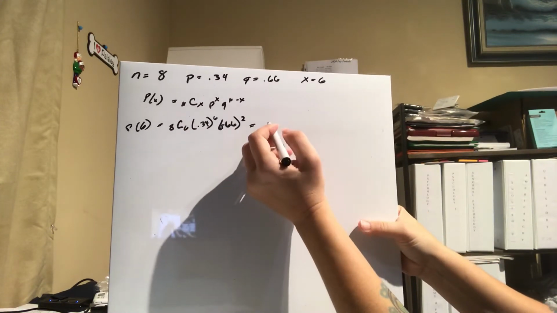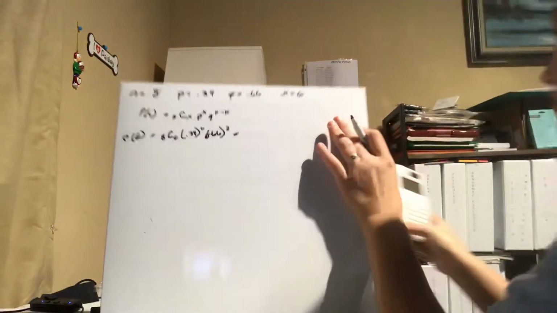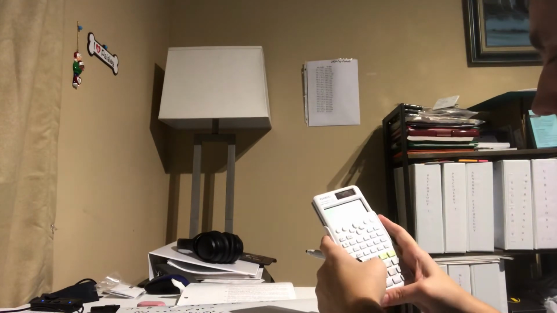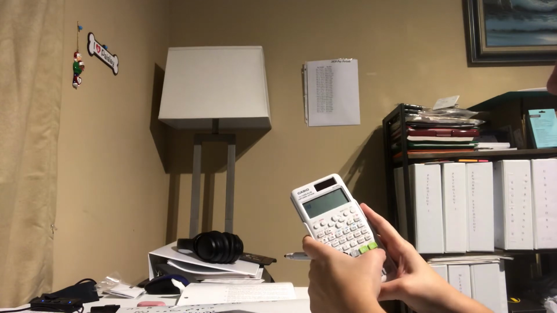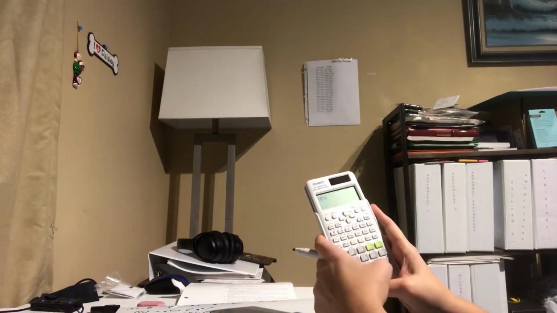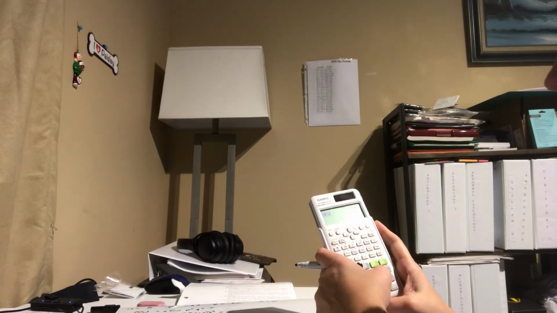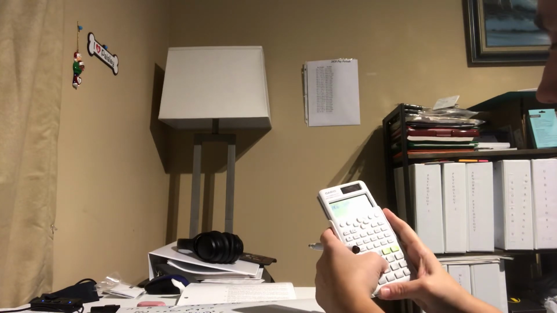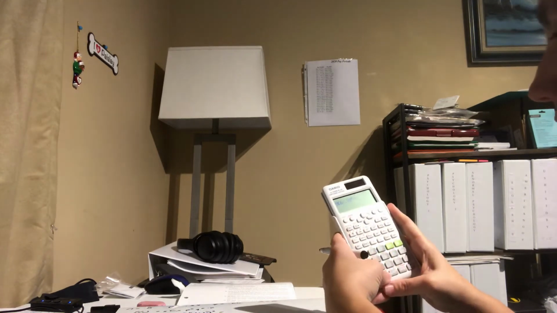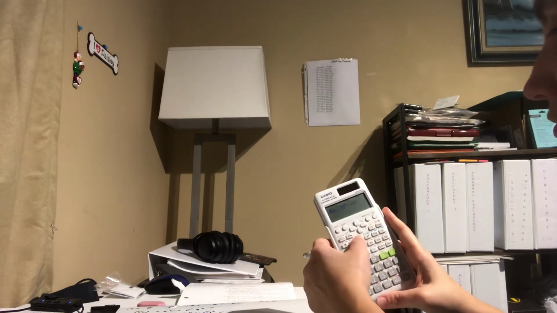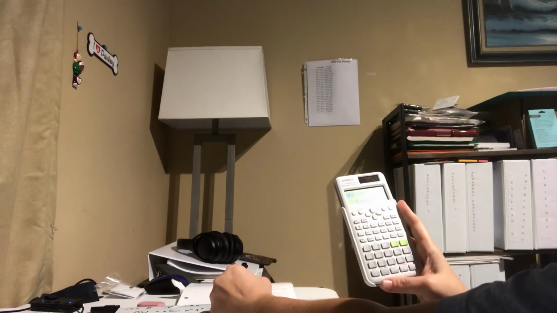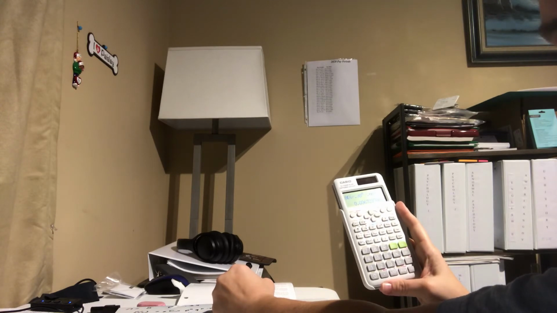So in this case, on your calculator, you could figure that out by doing 8 shift nCr, excuse me, 6, and 8 times 0.34 to the 6th power times 0.66 to the 2nd power, and that would give you 0.037.